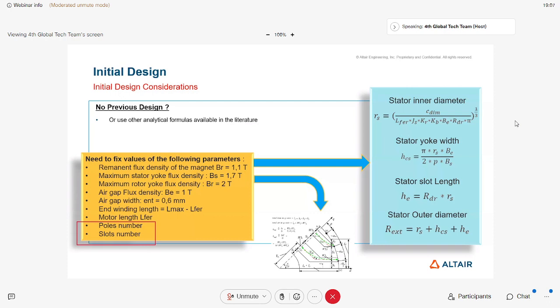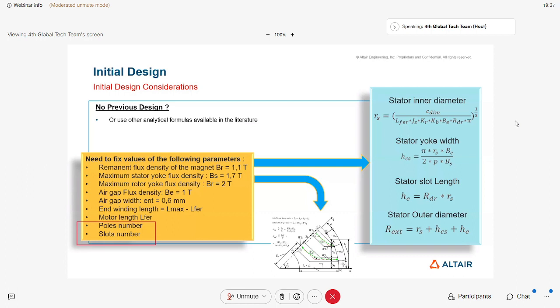Or it can be the thermal constraints that reduce the number of candidates that we can use. Once again, in the literature, there are a lot of equations to compute the different parameters of the machine.